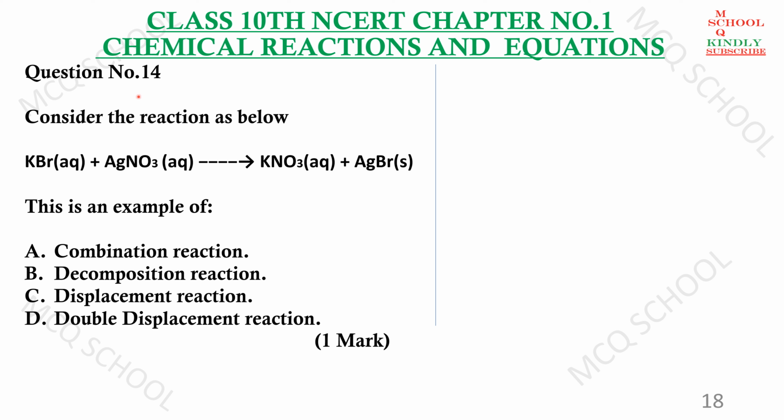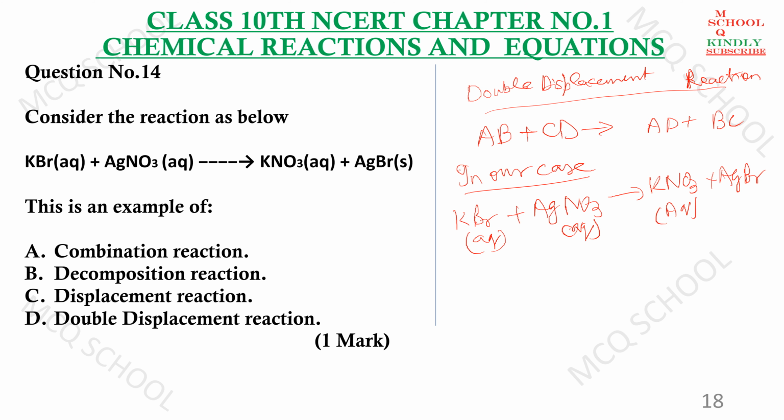Let us take question number 14. Consider the reaction: potassium bromide plus silver nitrate reacts to form potassium nitrate plus silver bromide. This is an example of: combination reaction, decomposition reaction, displacement reaction, double displacement reaction. What is the answer as per you? As we know, in double displacement, if two compounds are there, they interchange their partners to form new compounds.